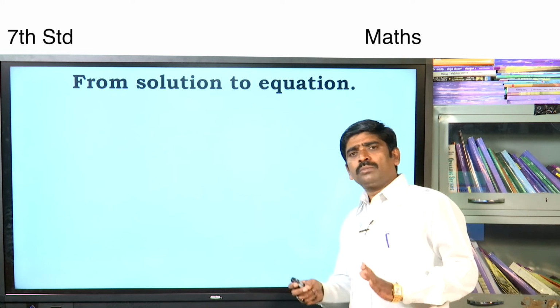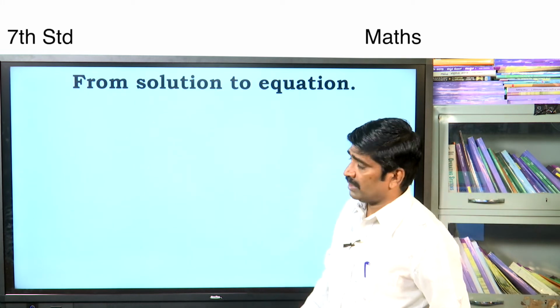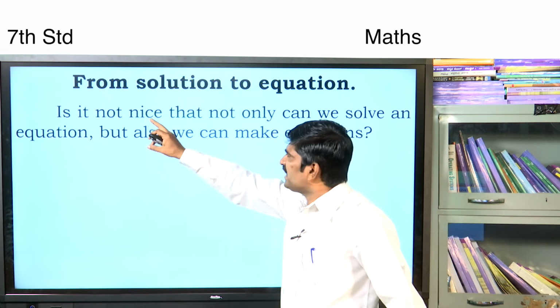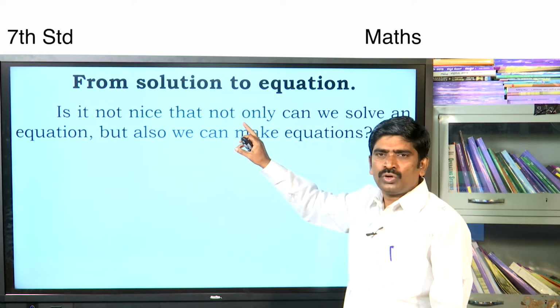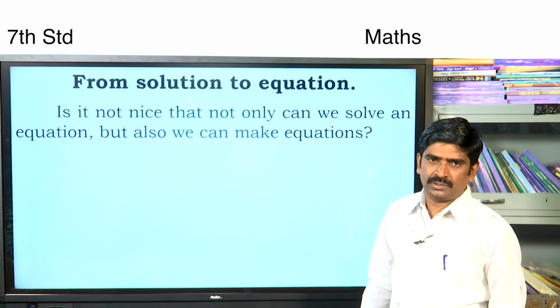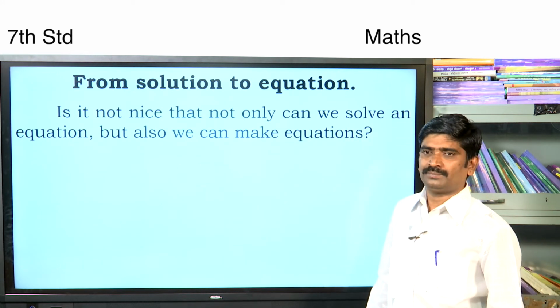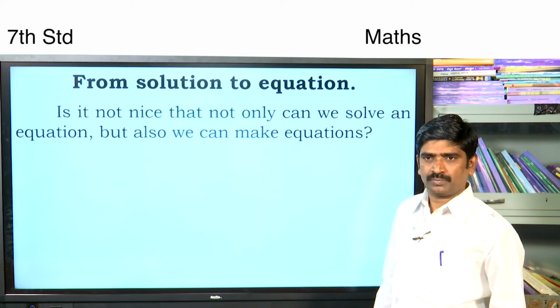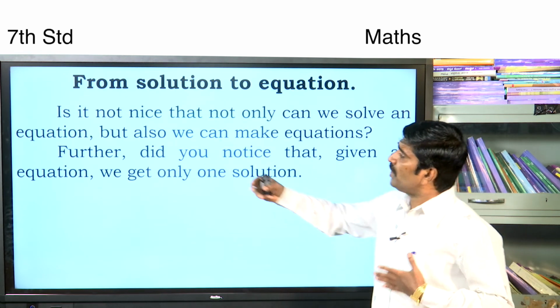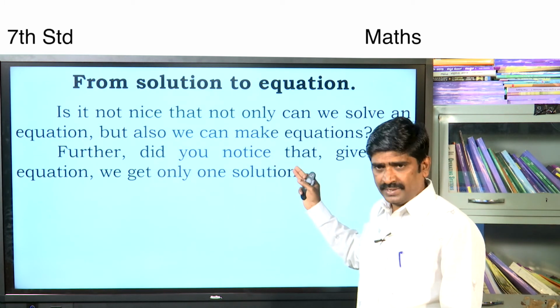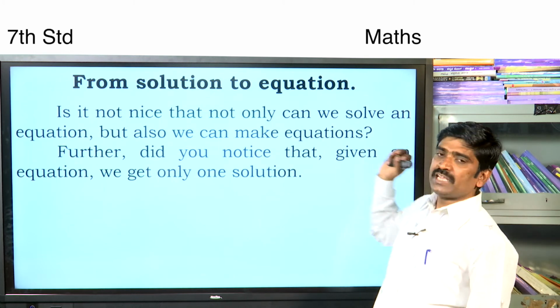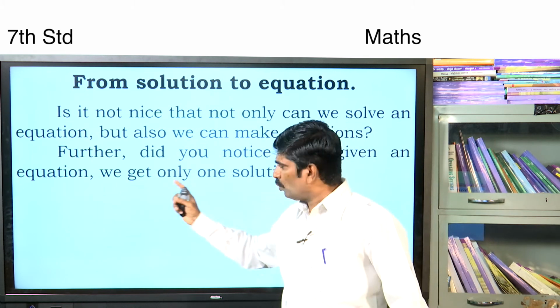Okay. From solution to equation, is it not nice that not only can we solve an equation, but also we can make an equation? It is very interesting. Further, did you notice that given an equation, we get only one solution.